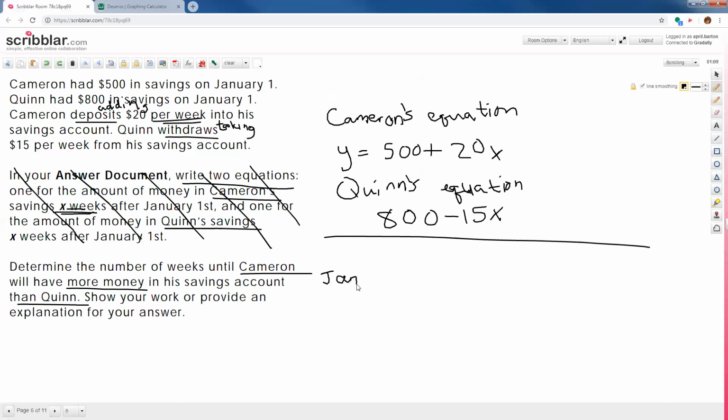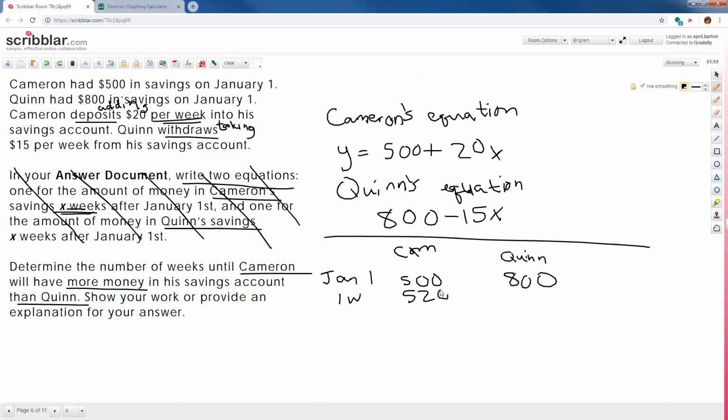You know, on January 1st, Cameron had, let's put Cam for Cameron, he had 500, and Quinn had 800. And then a week later, I'm going to put 1W for 1 week. We know Cameron had $20 more and Quinn had $15 left. So how much money is after 1 week for Cameron? 520.